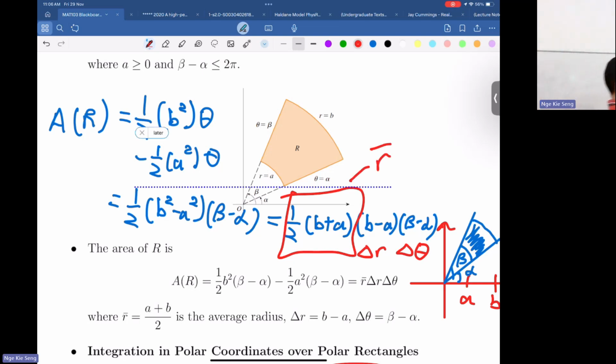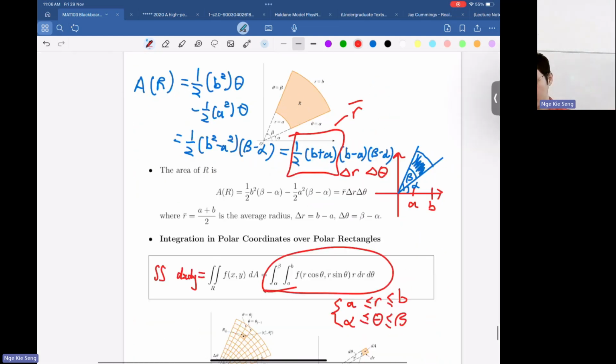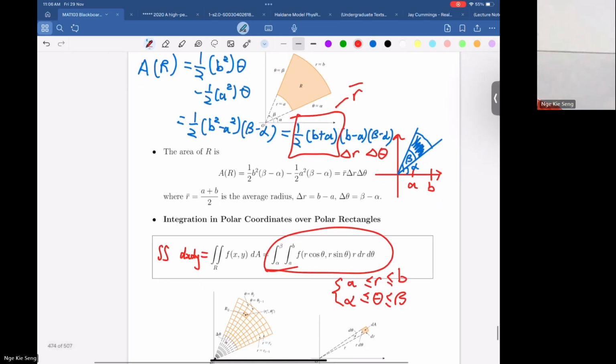So this is the extra factor that comes out when you're trying to compute the area. Delta R, delta theta, you can think of as dr d theta. So there's an extra factor coming up with your delta R and delta theta. Please remember there's an extra factor R when we do polar integration. Any question so far?